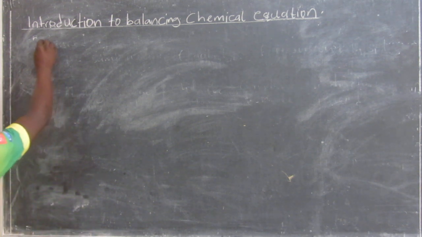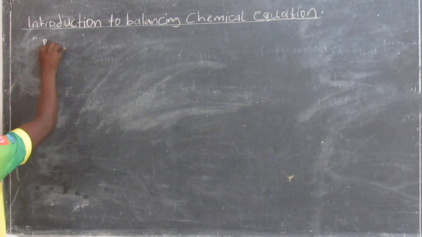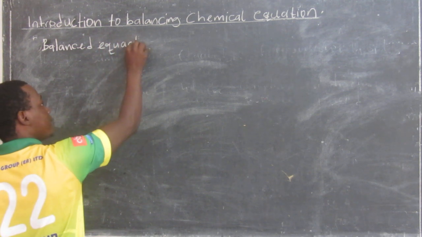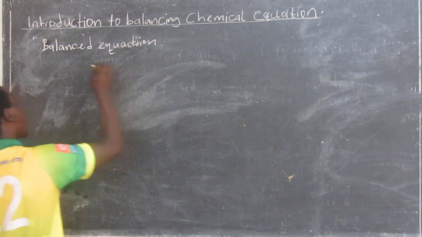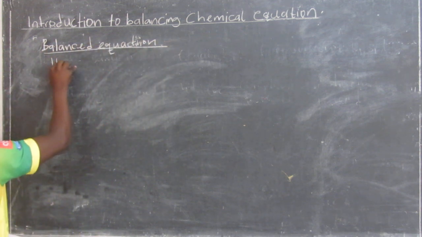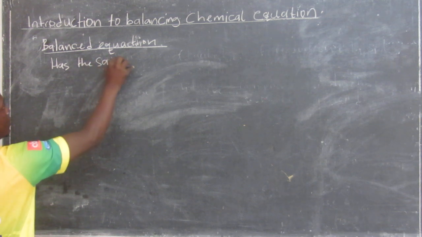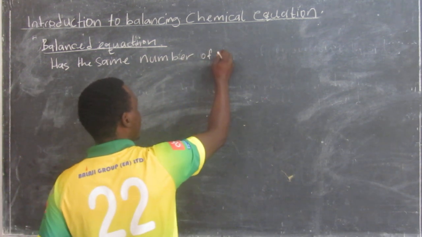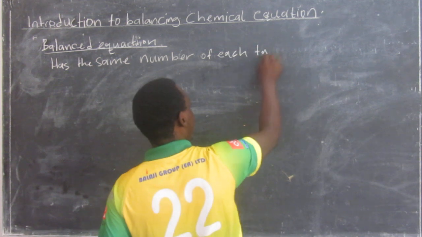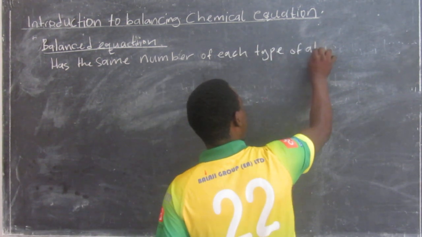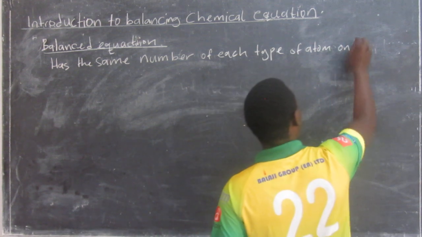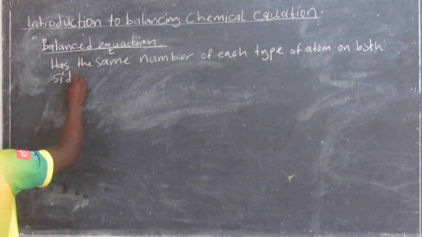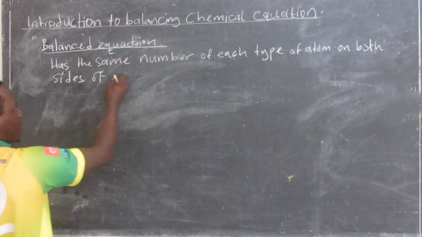We know that a balanced equation has the same number of each type of atom on both sides of an equation.